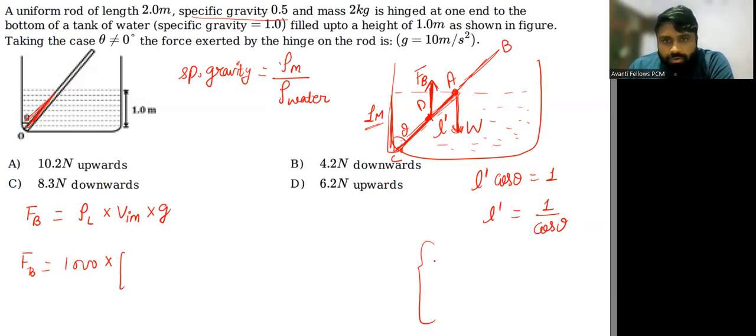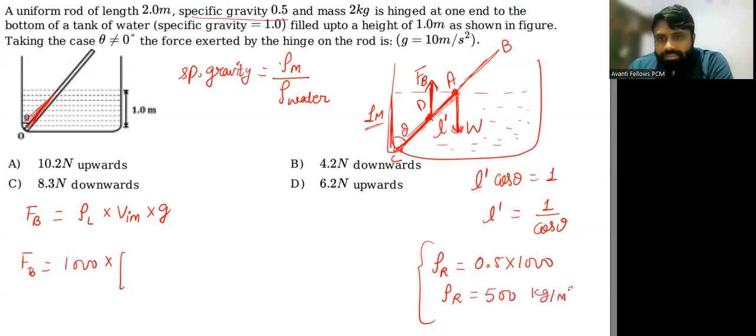Okay. Because specific gravity of this rod is given, we can calculate the density. So the density of the rod is nothing but specific gravity into 1000. Specific gravity is 0.5 into 1000. So density of rod is 500 kilogram per meter cube. Okay. Now, how do we use it for volume immersed?